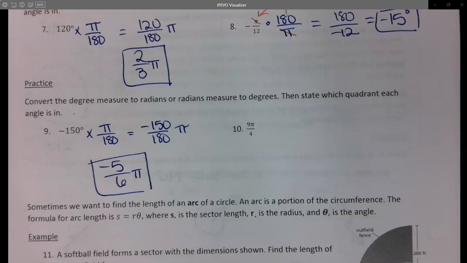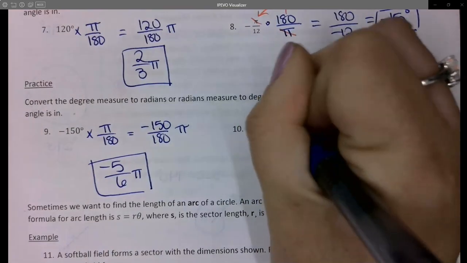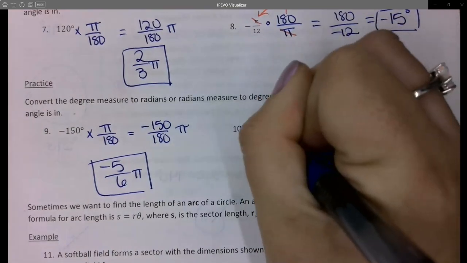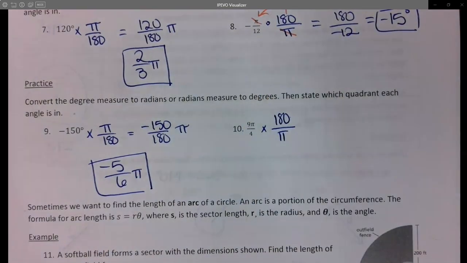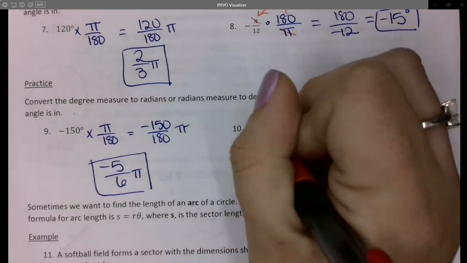Then on the next one, I have a pi, so this means this one's already in radians. So I want to multiply by 180 over pi. Then my pi's will cancel out.